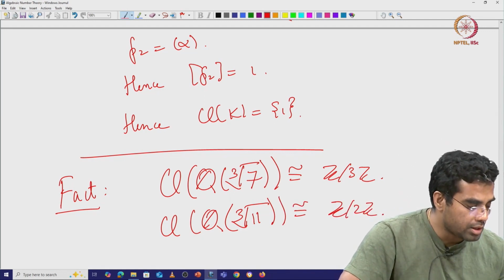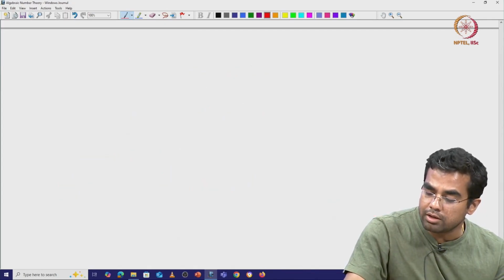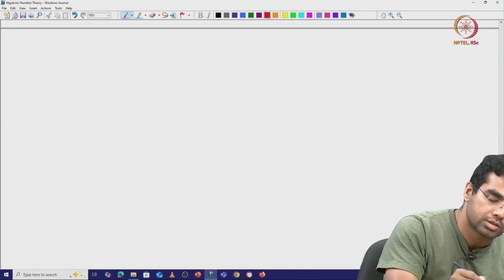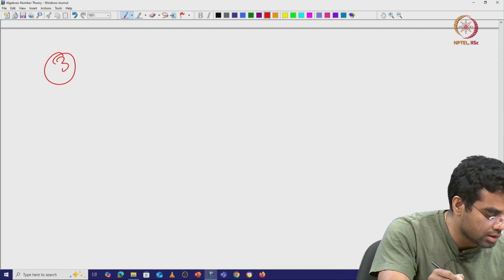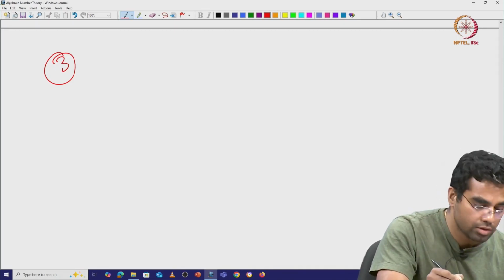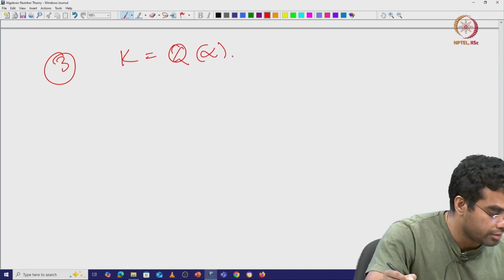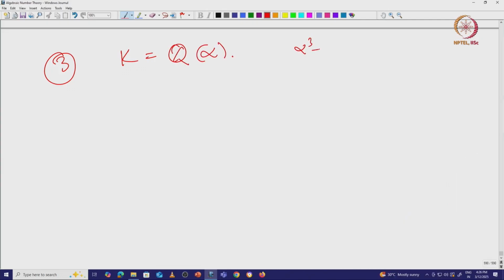Okay. But let me give you an example of a cubic field with non-trivial class number. And so, let me look at the following example. Let us see how much of this we can do. So, K is Q(alpha), where alpha cubed minus alpha minus 9 is equal to 0, right. So, I am looking at x cubed minus x minus 9 is equal to 0, right. And so, why is this polynomial irreducible?